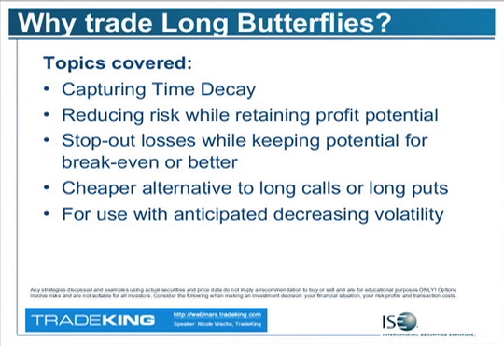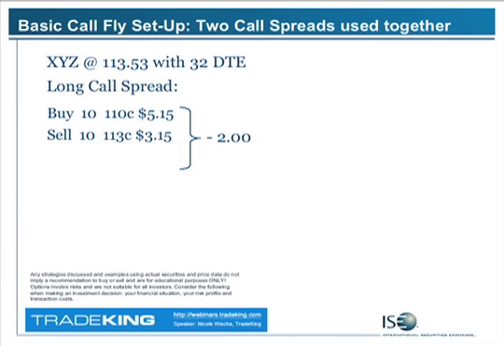They also provide a cheaper alternative to directional trades, which you may not be aware of, and you can also turn them into a volatility play. And we're going to get into more detail into these items. But before we do that, let's talk about what a butterfly spread actually is. I just want to make sure we're all coming from the same place of understanding, so let's break it down into its parts.